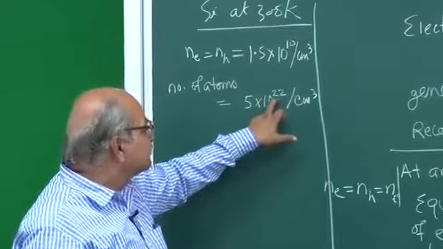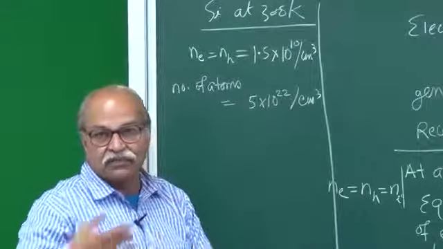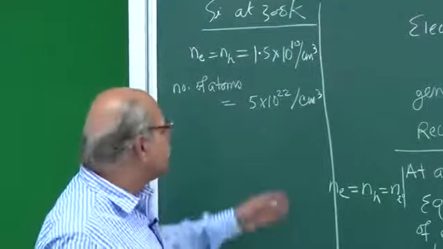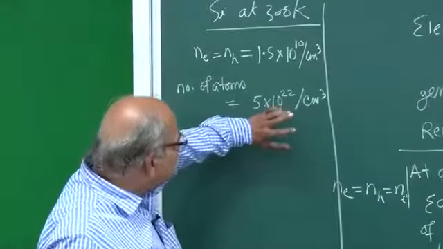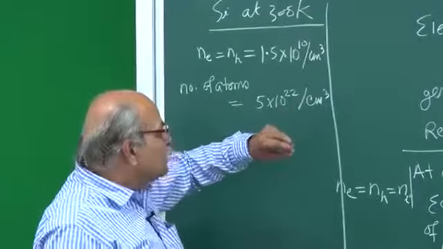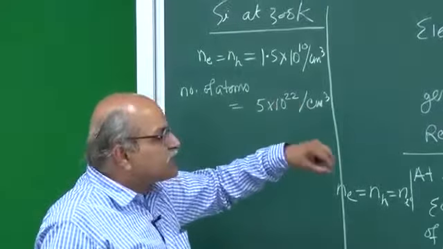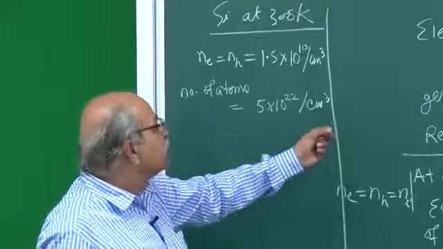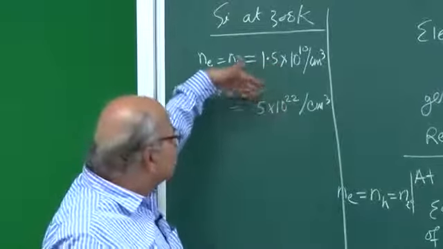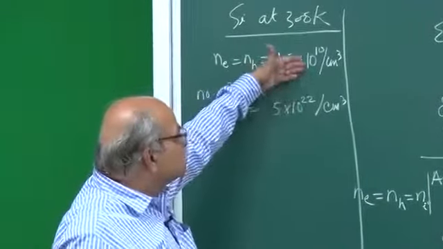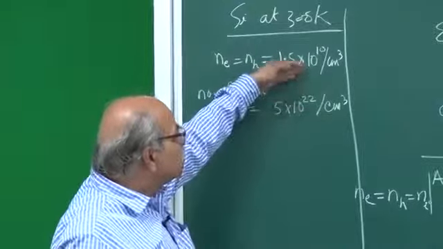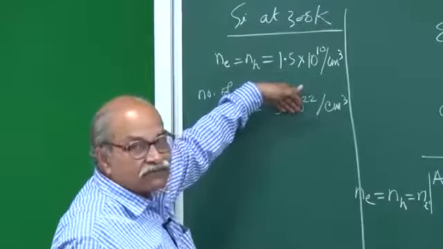And then each atom has all those 4 bonds, and then how many bonds are broken, how many valence band electrons have gone to the conduction band, that number is this. So this is a ratio of about 10 to the power 12. So 1 in 10 to the power 12.